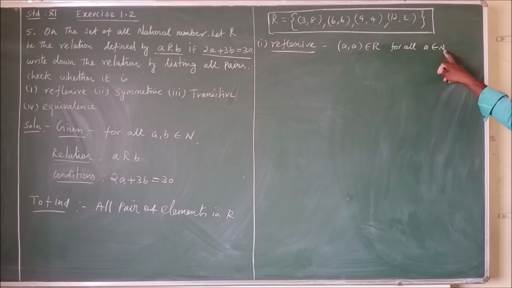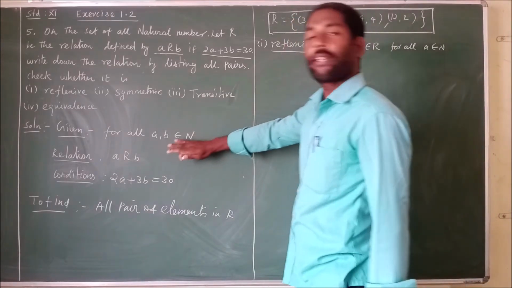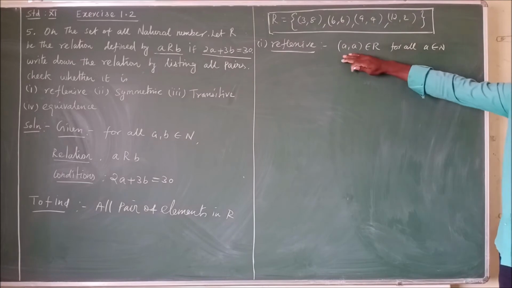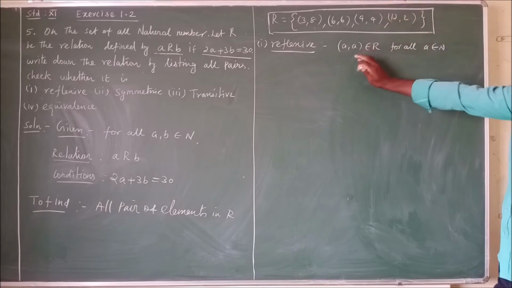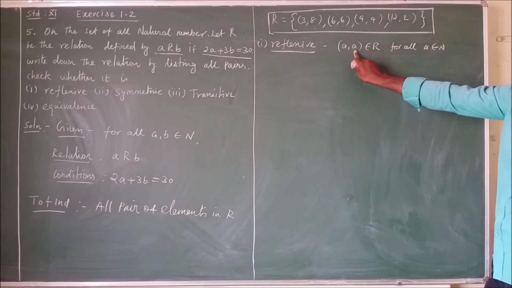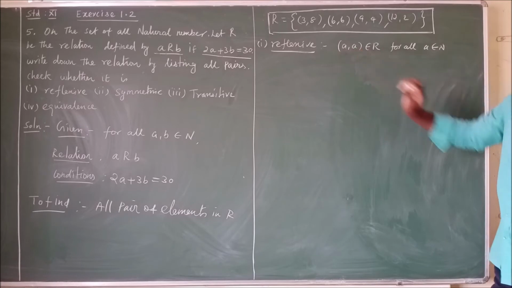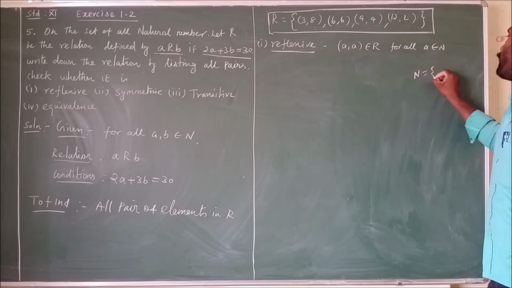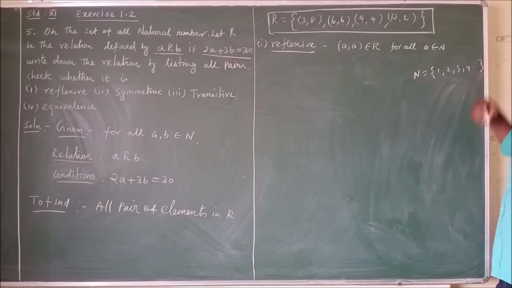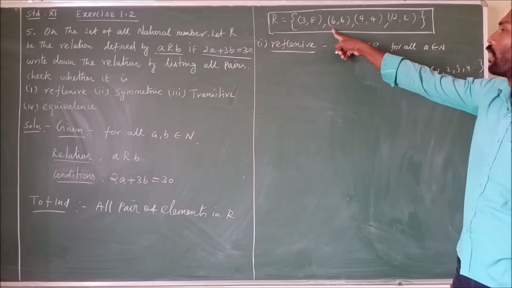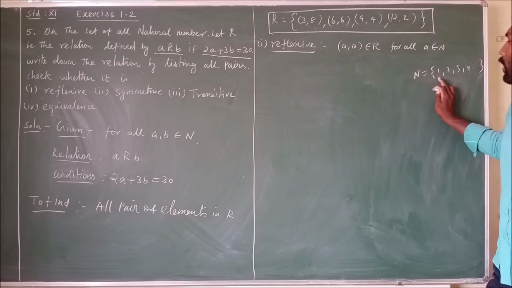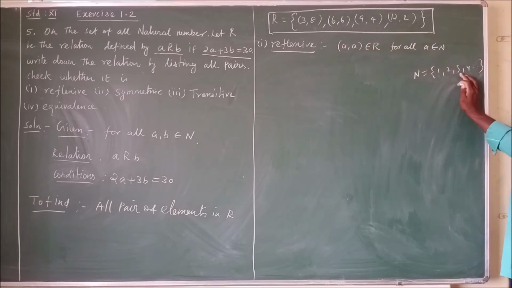Why a belongs to N? Because A and B are taking natural numbers, so all natural numbers must satisfy the condition for the relation. For example, let us take a equal to 1, since N equals 1, 2, 3, 4, etc. So 1, 1 is not in the relation. 2, 2 not satisfied, 3, 3 not satisfied, 4, 4 not satisfied.